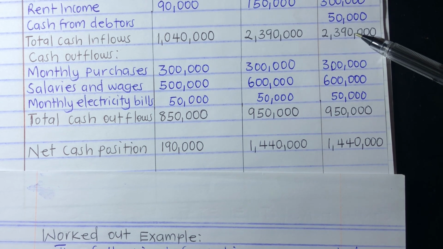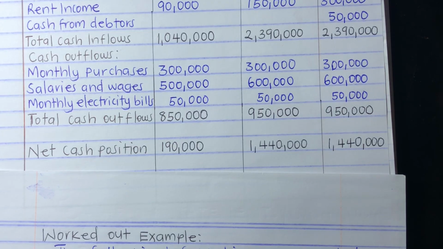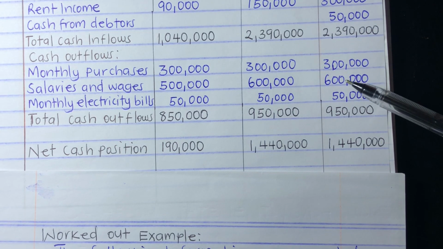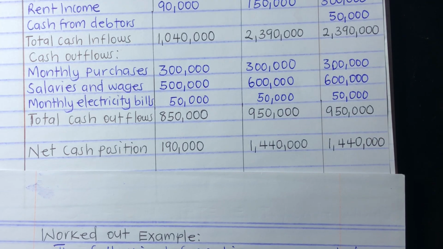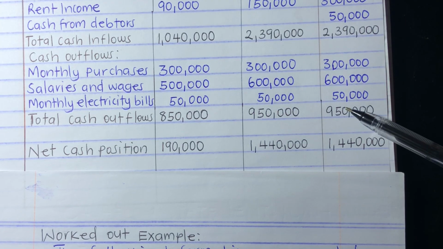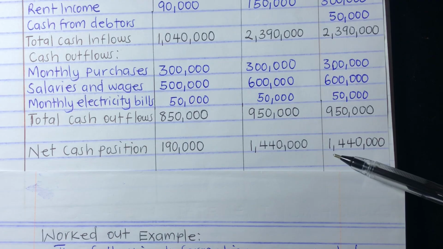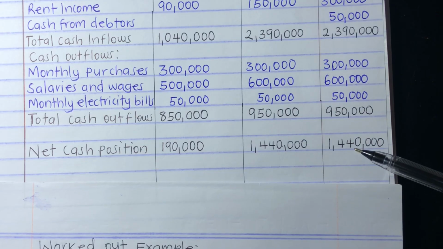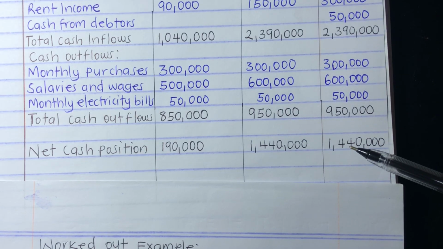It is the total cash inflows for the month of March. Then we add up the total outflows in the month of March also, and we get 950,000. We get 1,440,000. That is how we prepare our cash flow statement.